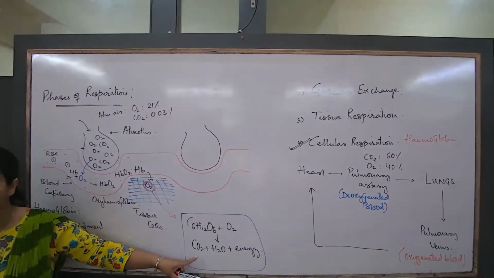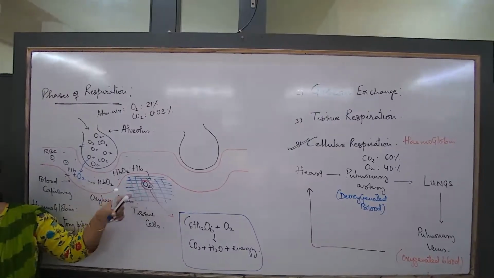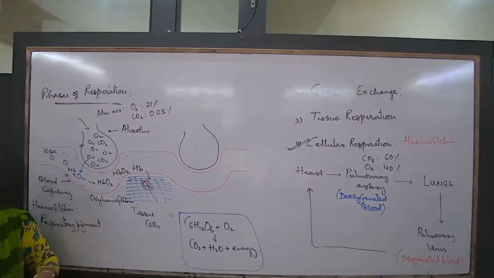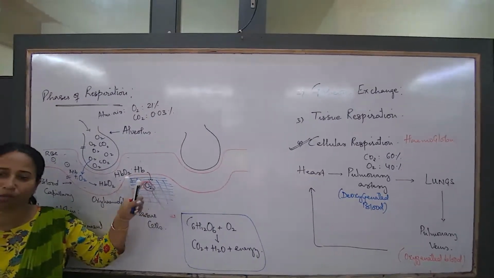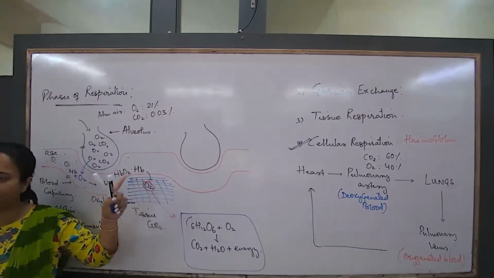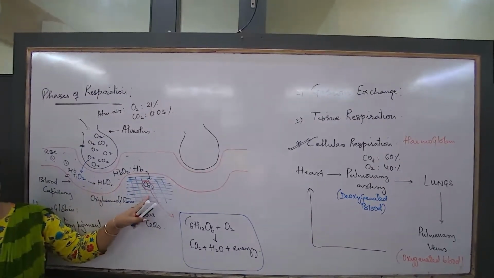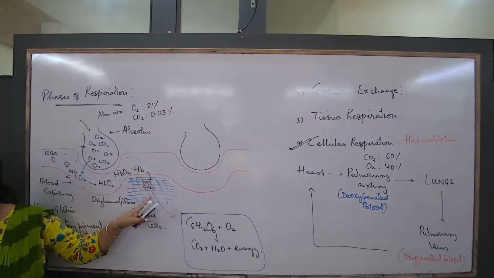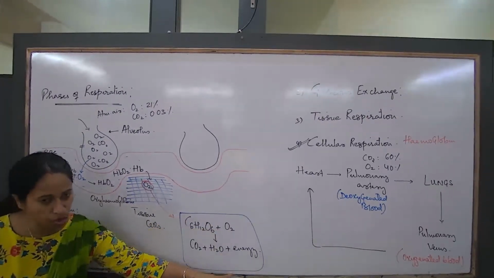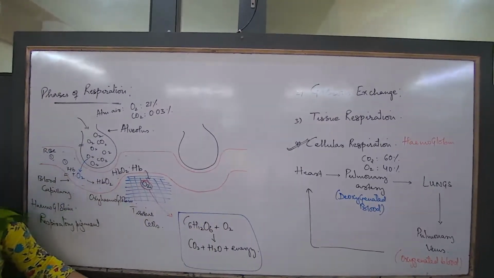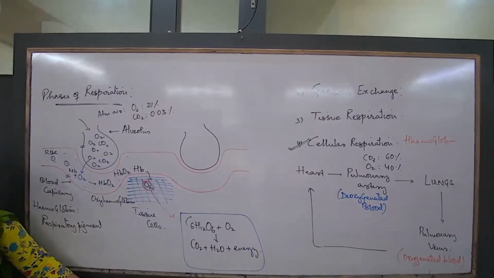So this is what is happening inside every single body cell, in our muscle cells, in our bone cells, in the cells of the stomach and the intestine, everywhere when oxygen is reaching there by way of circulation of the blood. This process in every single body cell is known as cellular respiration.